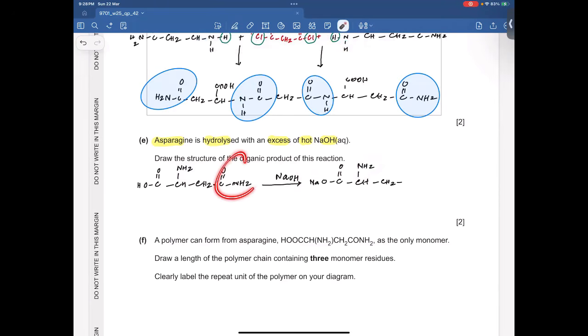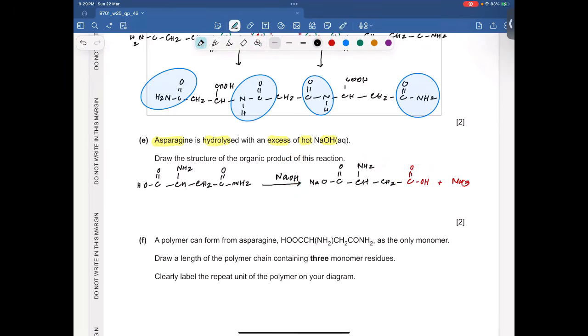Now this is amide. Amide undergoes alkaline hydrolysis. So this amide initially turns into carboxylic acid, and also ammonia gas is given off. But since the medium is alkaline, this carboxylic acid reacts with this NaOH and will turn to salt.